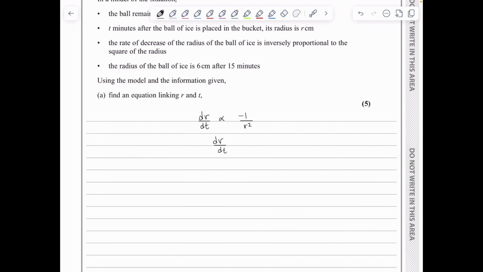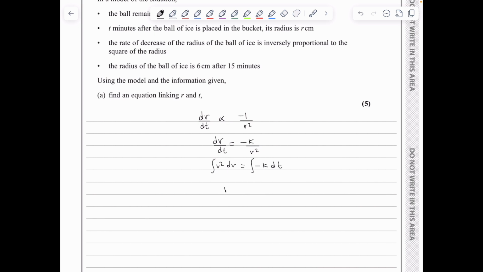So dr dt is minus k over r squared, which means we're dealing with a differential equation which I will solve by separating the variables. So I will collect the terms in r with dr on the left hand side and the terms in t with dt on the right hand side. So we're looking at r squared dr is equal to minus k dt, and I'm integrating.